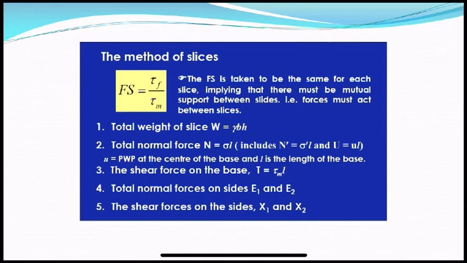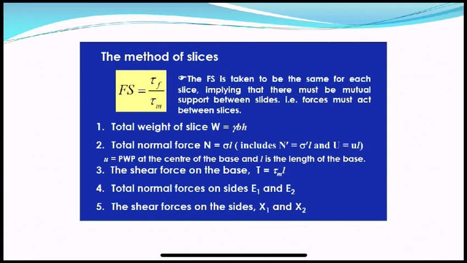The length L is perpendicular to the plane of the figure, and we consider 1 meter. The total normal force N is equal to sigma into L, where sigma is the normal stress acting over the length L. So N dash is equal to sigma dash L, and U is equal to u L, where u is the pore water pressure at the center of the base and L is the length of the base.